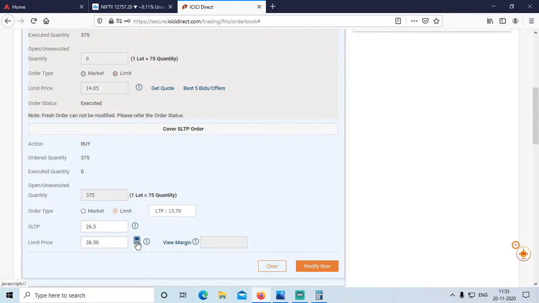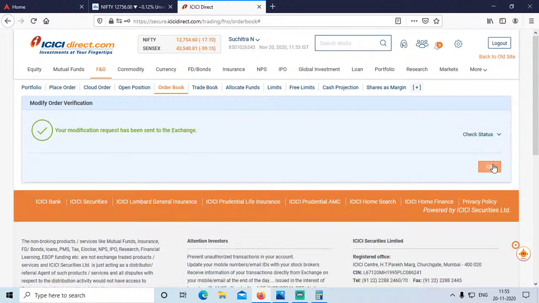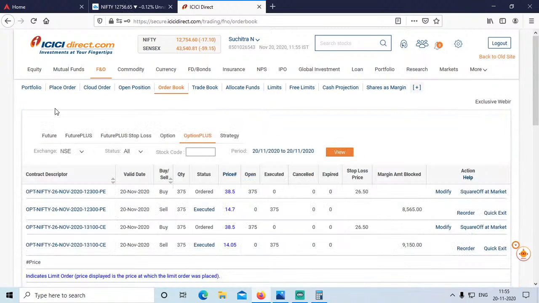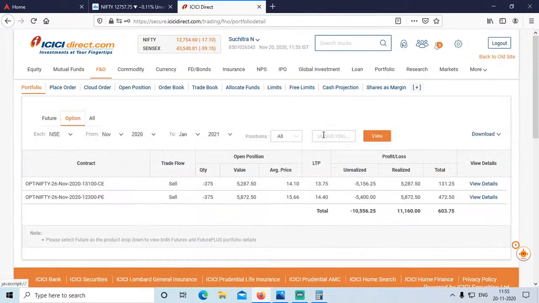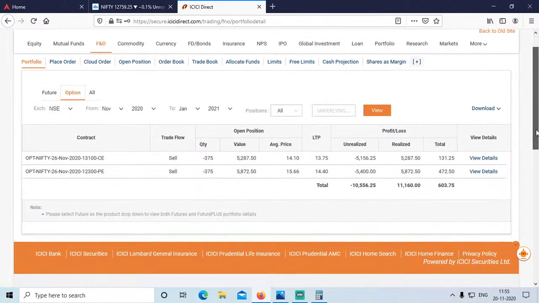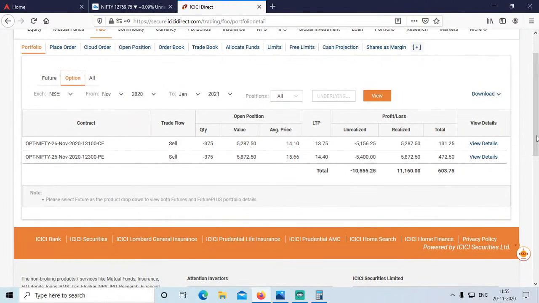Just click on this, it will change. Okay, both got changed to 26.5. Now our profit is 603.